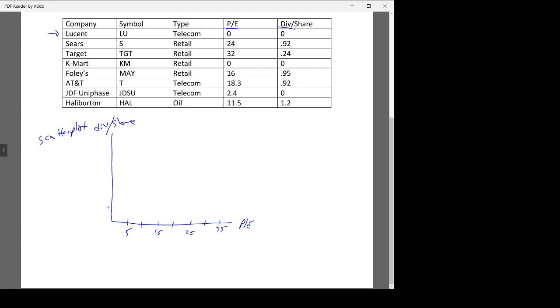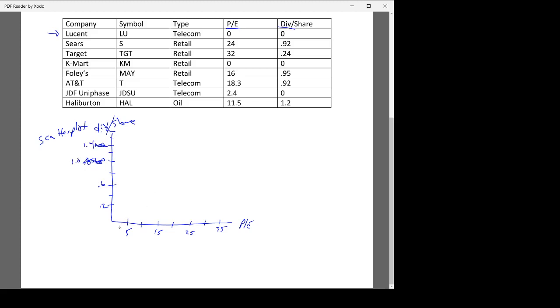So let's go by 0.2, 0.4, 0.6, 0.8, 1.0, 1.2, 1.4. I messed that up. Anyway, you get the idea.